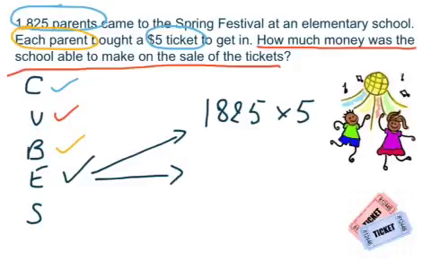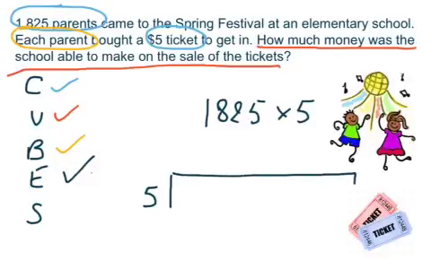I find it to be very easy to use. So this is the way I set it up. I put 5 on the side here, and then I'm creating a rectangle. And then I'm going to break down 1,825 into the different parts.